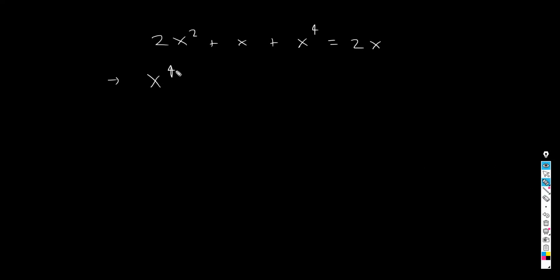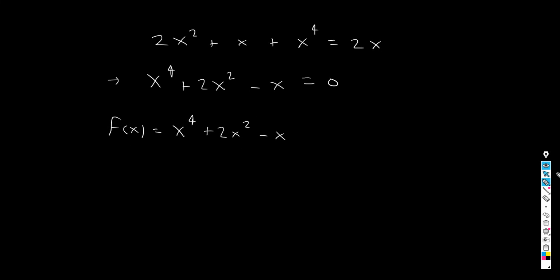We're going to have x to the 4, and then plus 2x squared, and then minus x equals 0. This equation may be difficult to solve analytically, so don't do it. Just create a function out of this expression, like so. Find the roots or the zeros of this function with a graphical calculator.